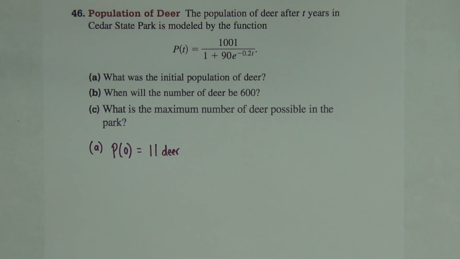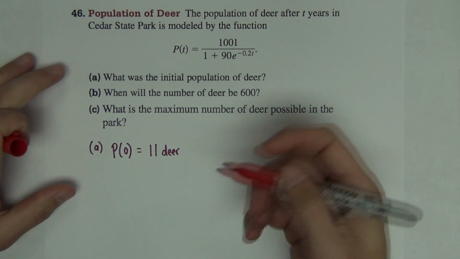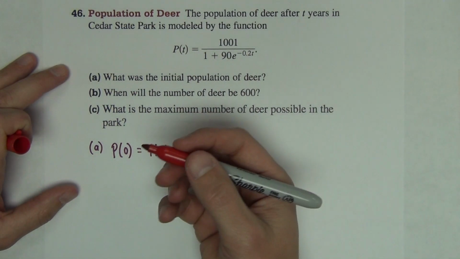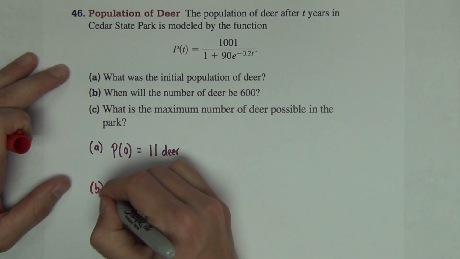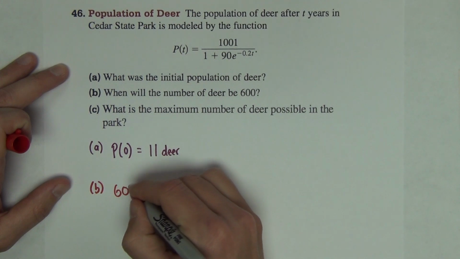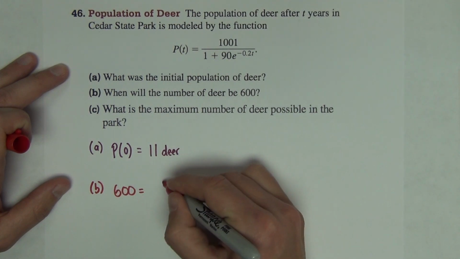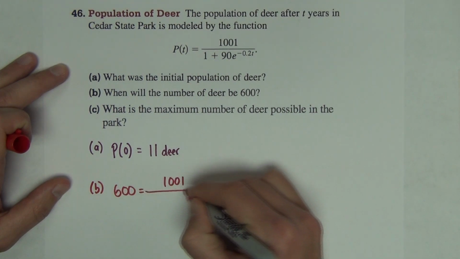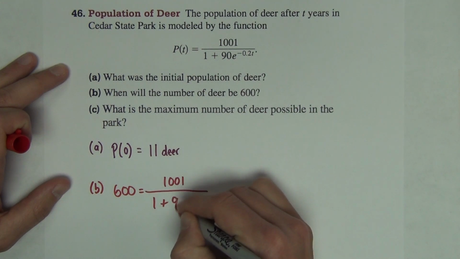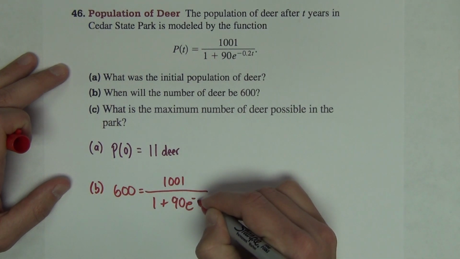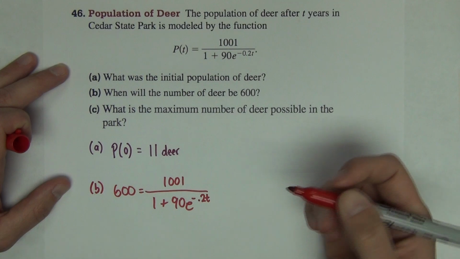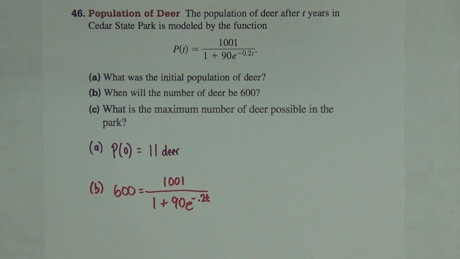Question 2 says, when will the number of deer be 600? So this is question B, I guess, not 2. Here we're looking for a population of 600. Now you should recognize this as one we're going to do on the graphing calculator. We're going to type in these two functions.